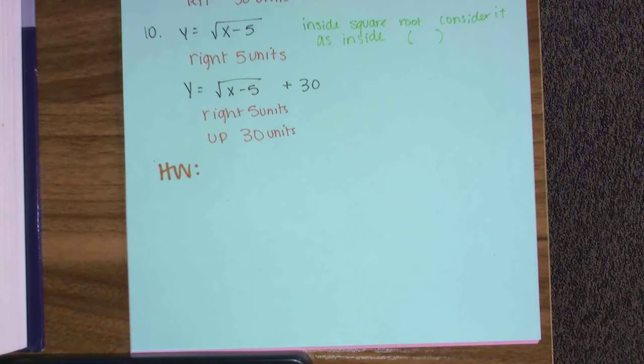You don't have to tell me whether it's a horizontal or vertical reflection. You can literally just say reflected. You still have to talk about the shift in that case, but then you would also say it's reflected because of the negative in front of the X.